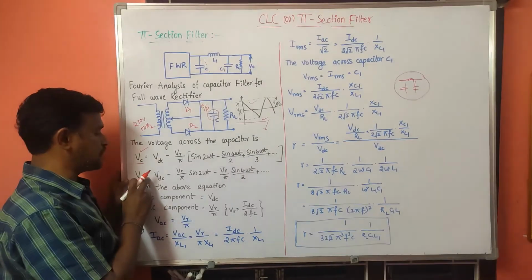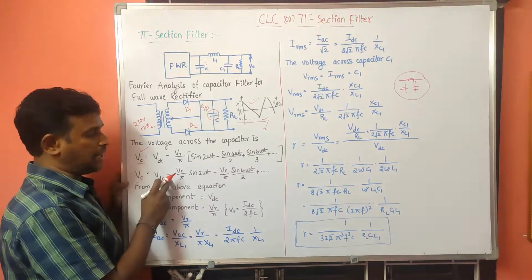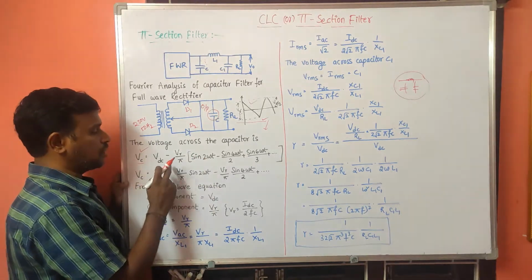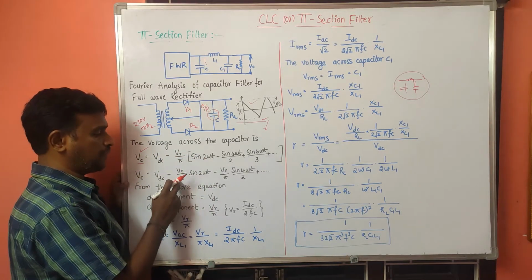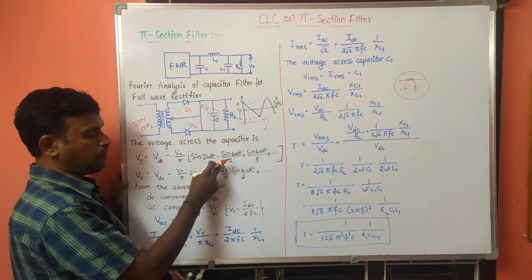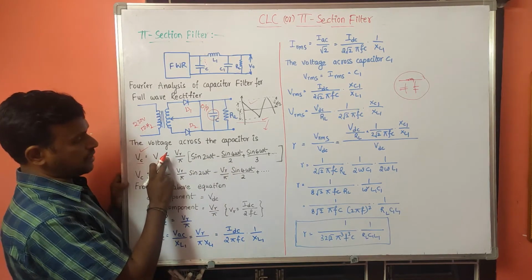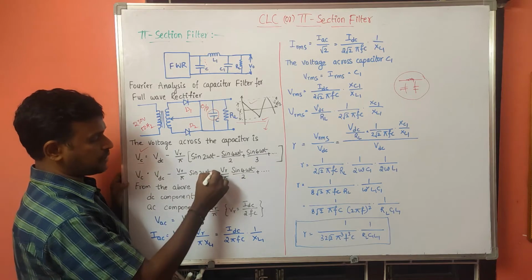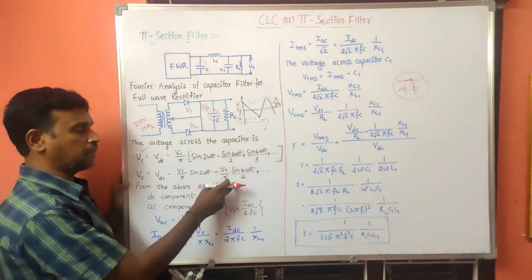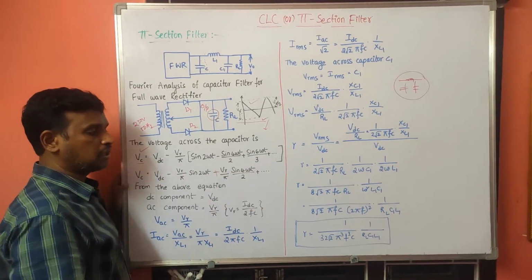If I consider Vc equal to Vdc minus, and take this one into the bracket, we will get minus V gamma by pi sin 2 omega t, and then minus of minus becomes plus. Sorry, here it is plus. So that is nothing but V gamma by pi sin 4 omega t by 2.